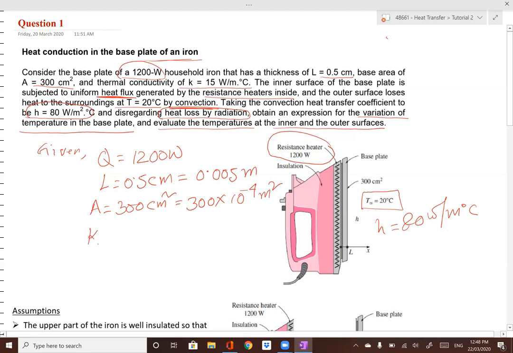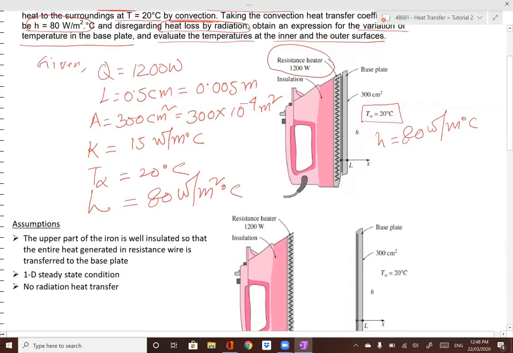Thermal conductivity k for the base plate is 15 watt per meter degree Celsius, the surrounding temperature is 20 degrees Celsius, and the convection heat coefficient is 80 watt per meter square degree Celsius. Okay, so these are the given parameters.